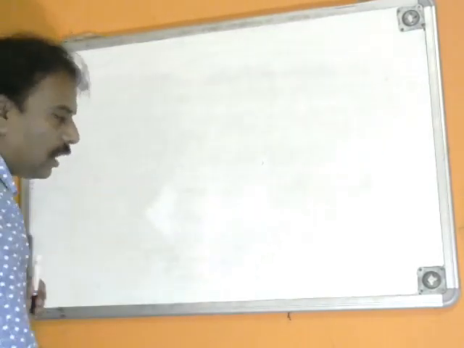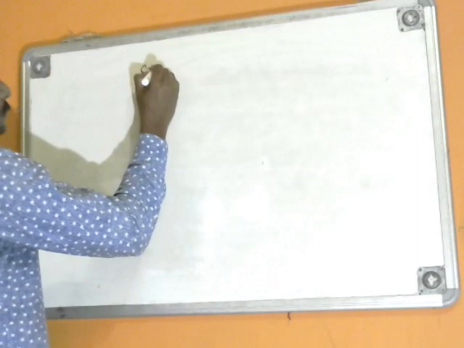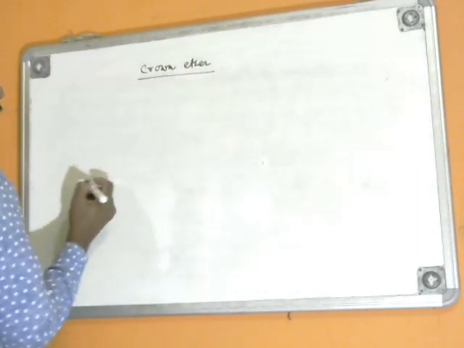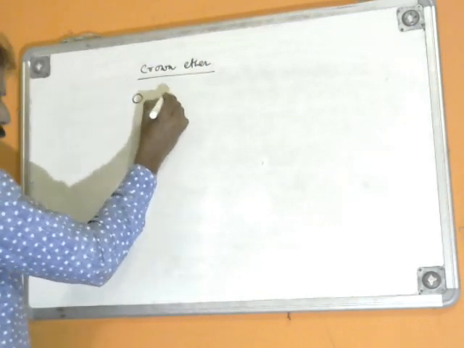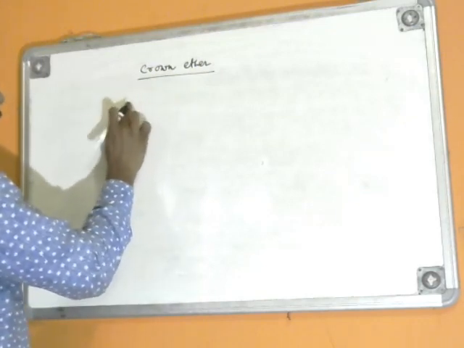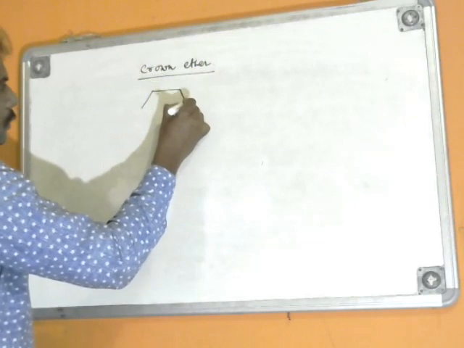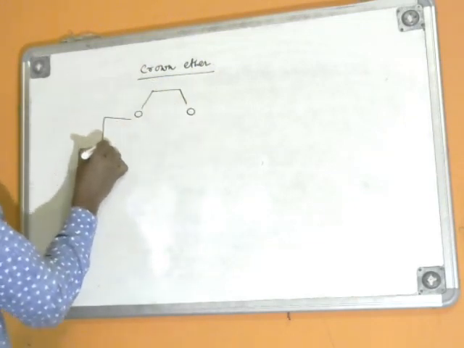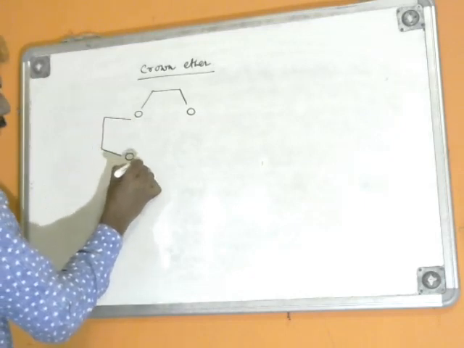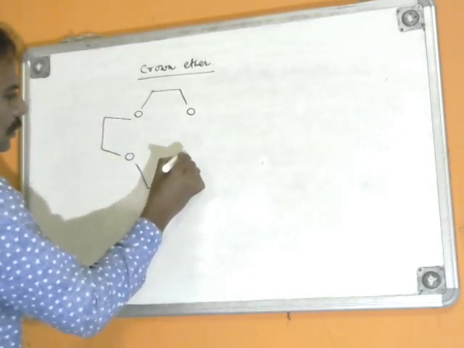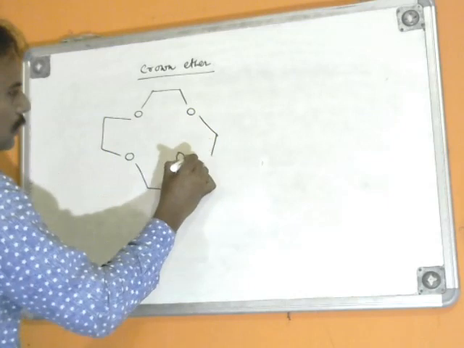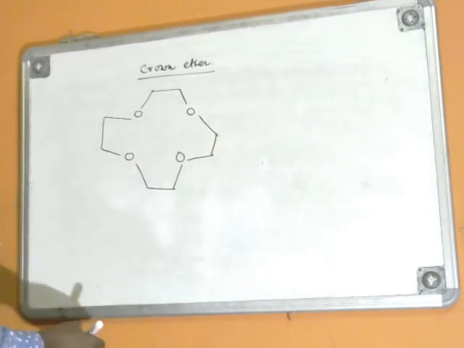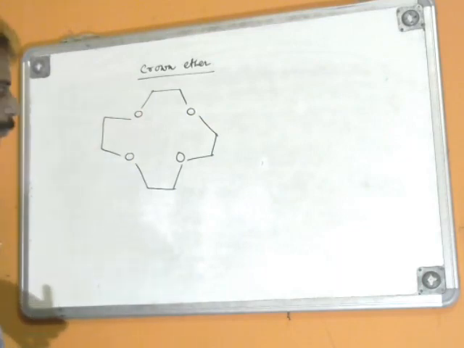So what is crown ether? These are crown ethers. Suppose O. So this is a crown ether. In every junction there is a carbon with a CH2 group.